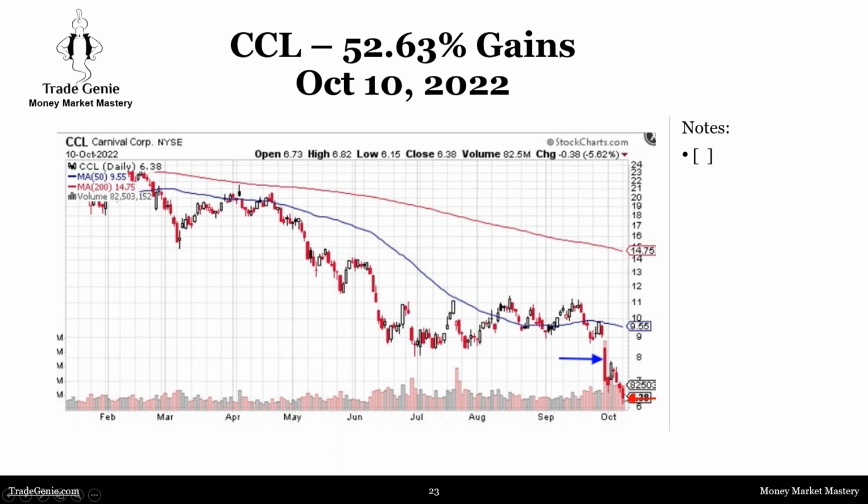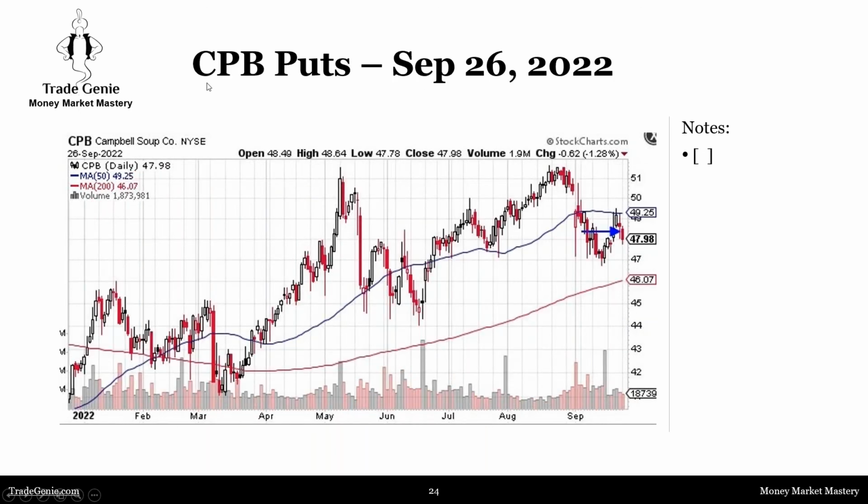So 52, 53% gain, not bad. CPB puts, so Campbell Soup. When Campbell Soup was going down, Pepsi was also going down. Although I don't usually trade Campbell puts, I saw the resistance here, and it fell down. So I asked, what are the chances that it will just go up and conquer the resistance, or fall?